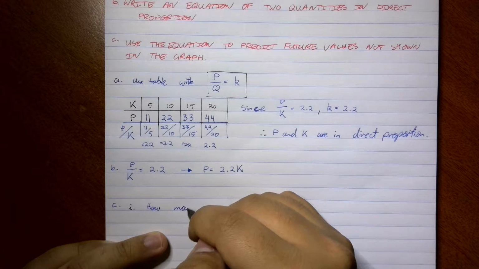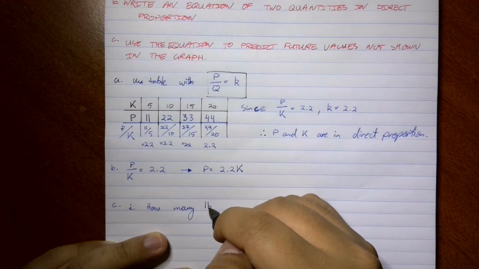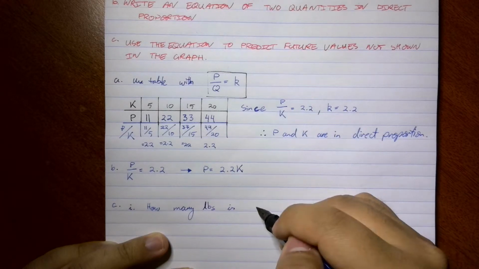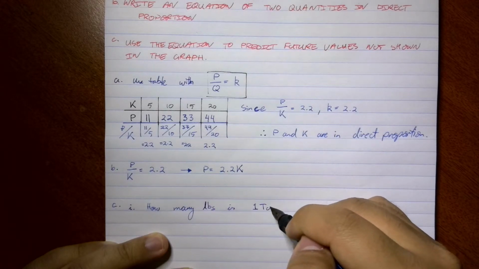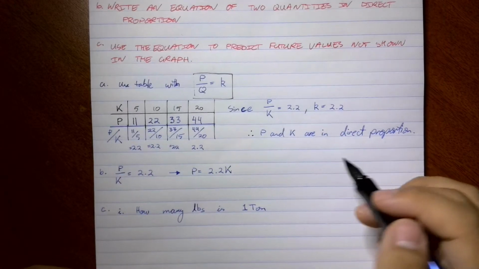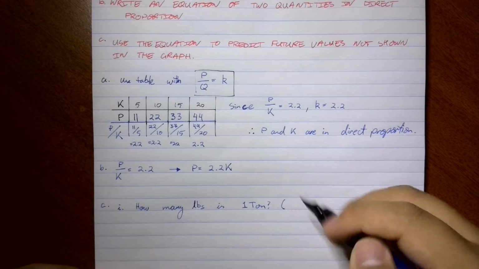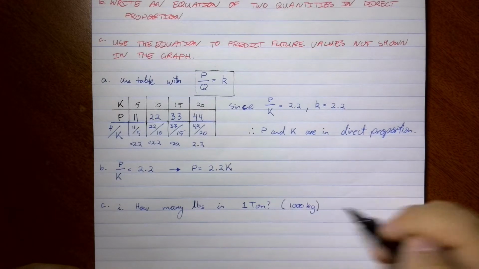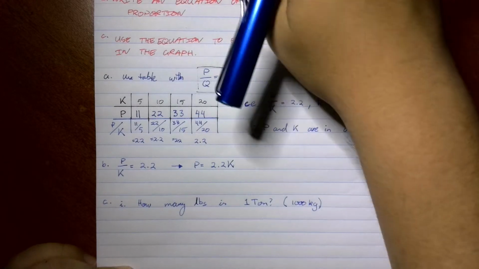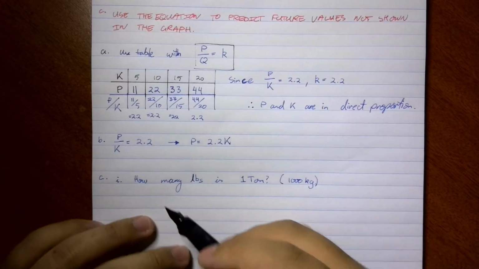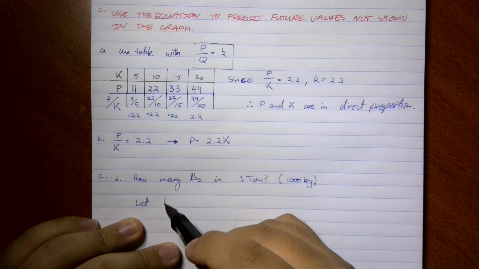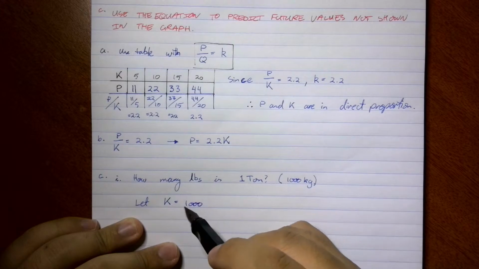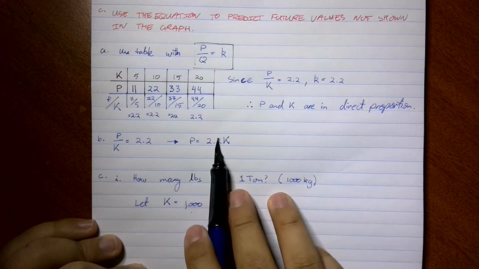Let's say, how many pounds (lbs) is 1 ton? In case you don't know, 1 ton is going to be 1,000 kilograms. So in this example, we let K equal 1,000, and we substitute this value in our equation here.